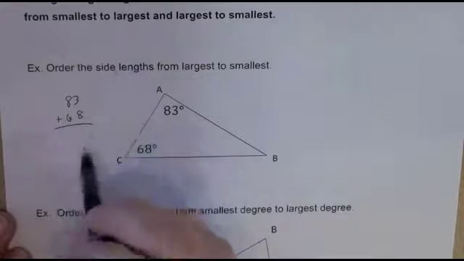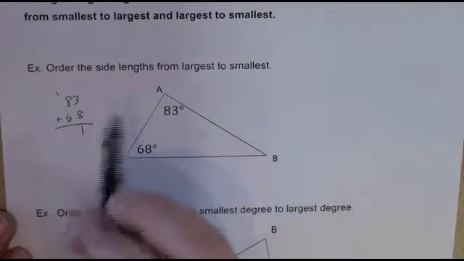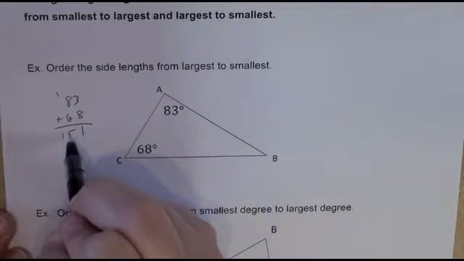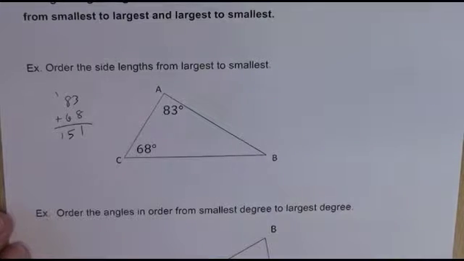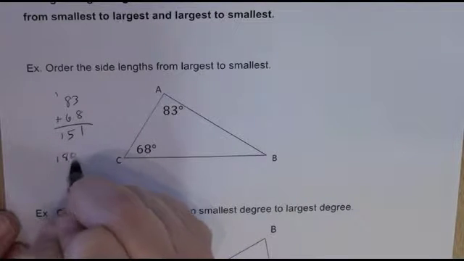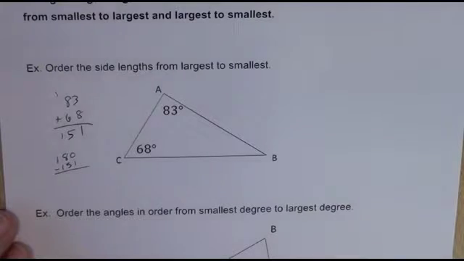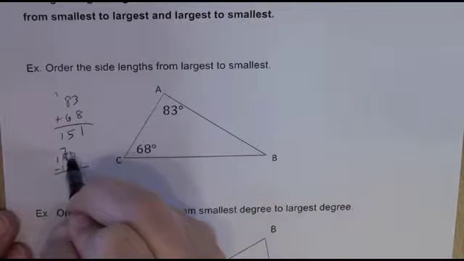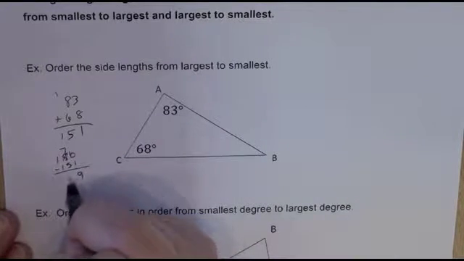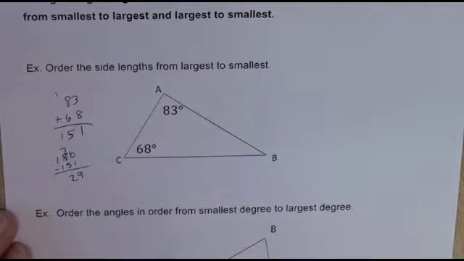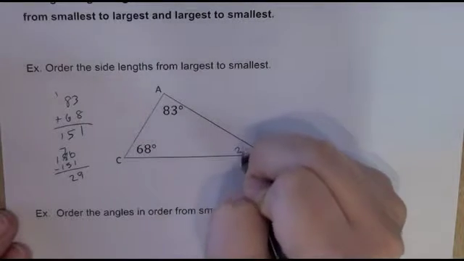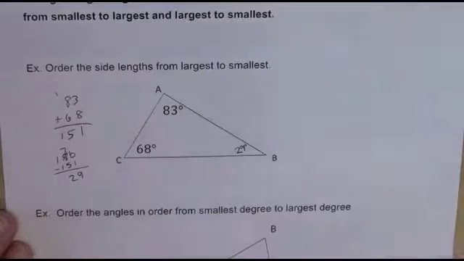So far, we have 151 degrees in this picture. Knowing that they have to add up to 180, 180 minus 151, you have to borrow, is 29. That means angle B has a measure of 29 degrees.